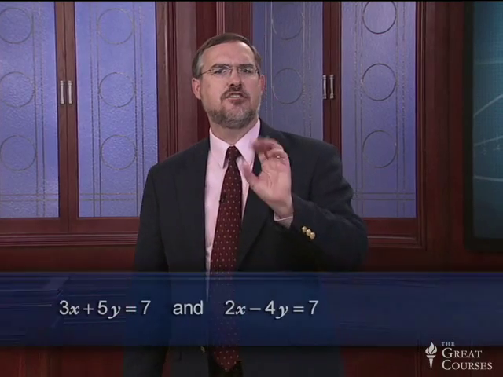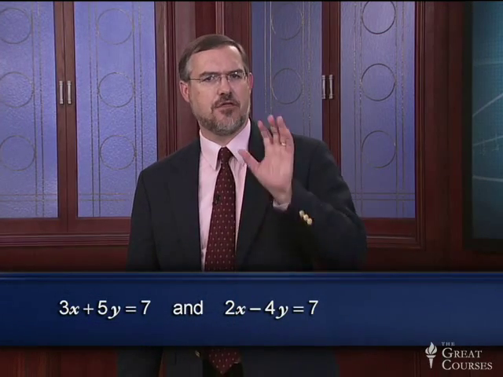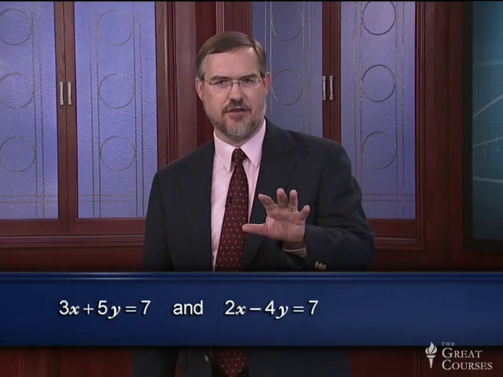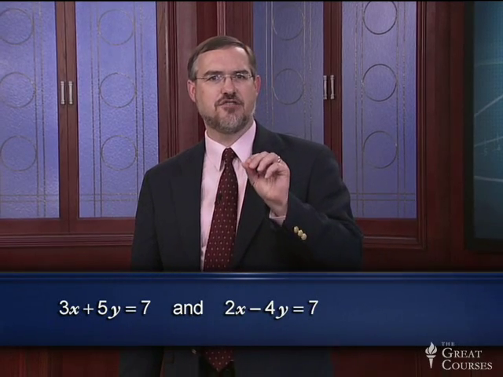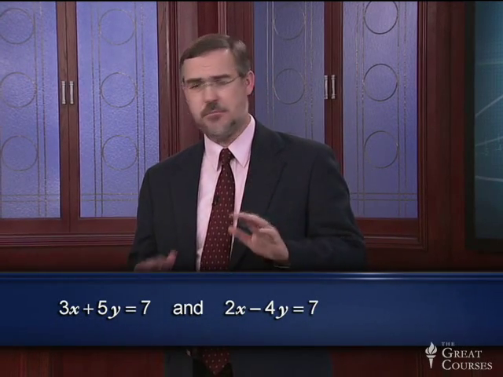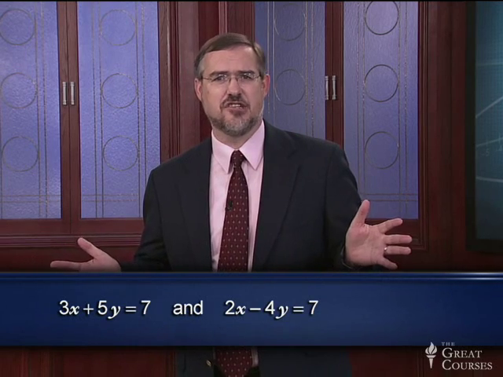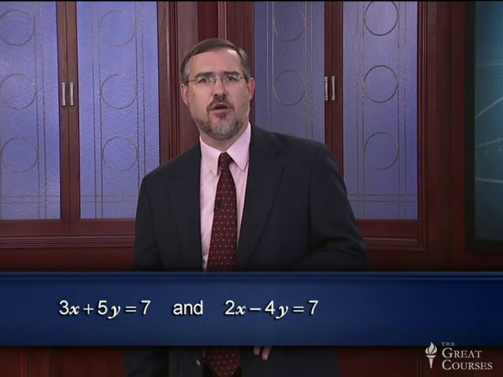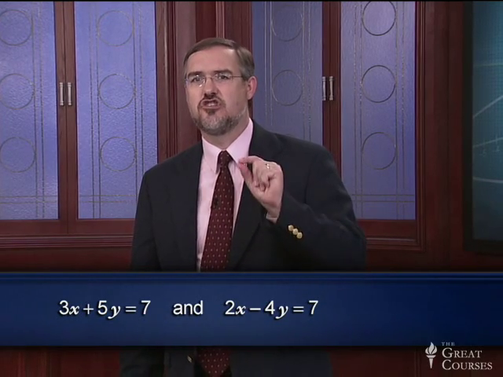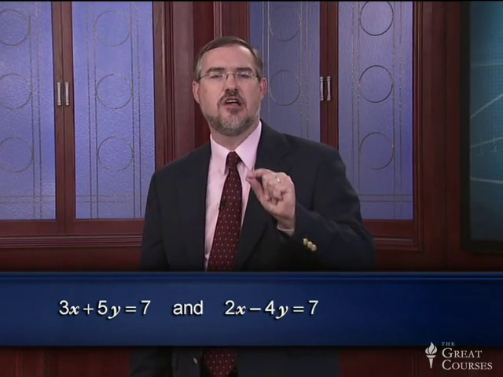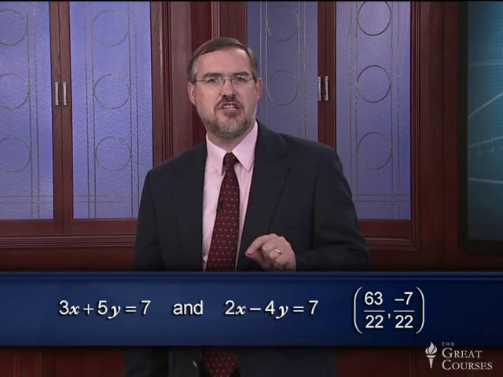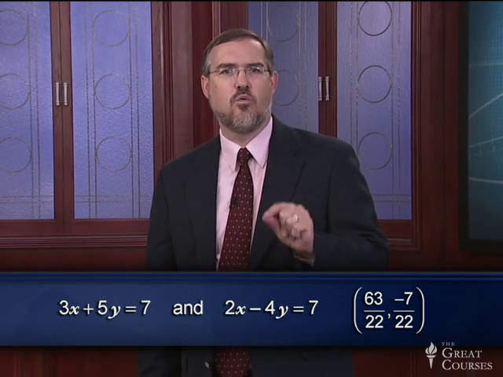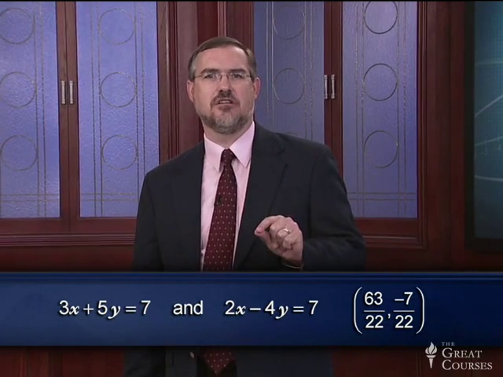For example, take this system of linear equations. 3x plus 5y equals 7, and 2x minus 4y equals 7. It's actually a fairly innocent looking system. It's got all whole numbers for the values inside the equations. But guess what? The solution to that system is x equals 63 over 22 and y equals negative 7 over 22.